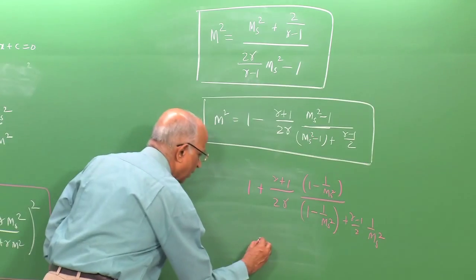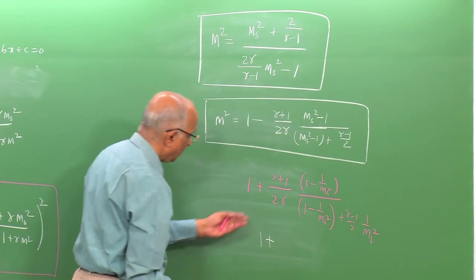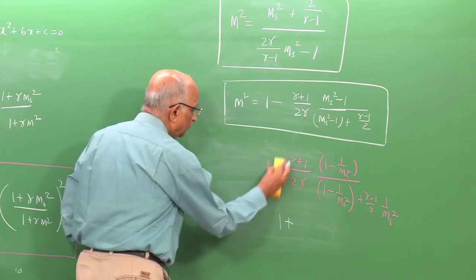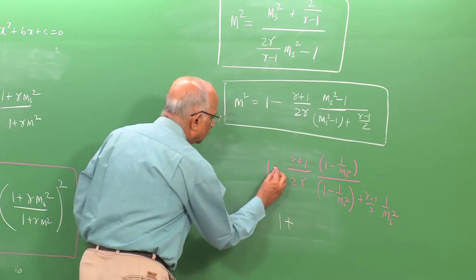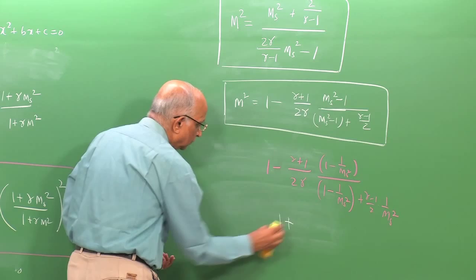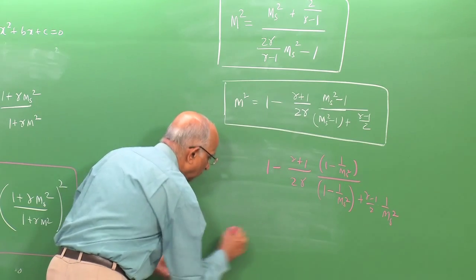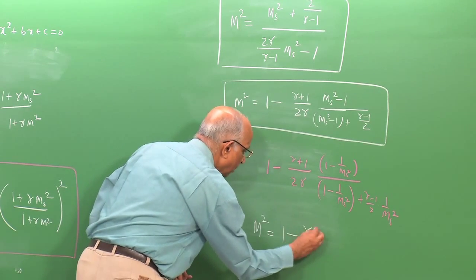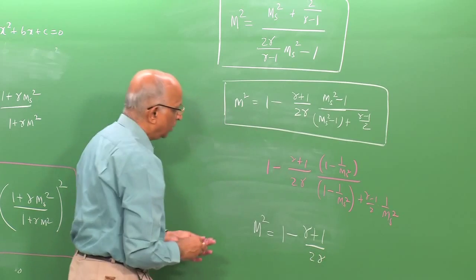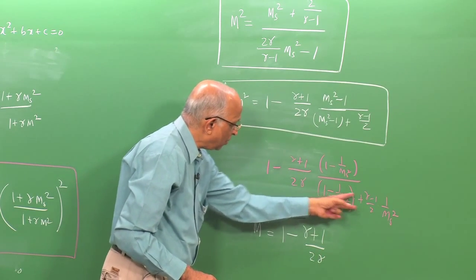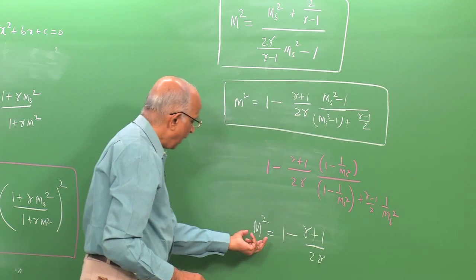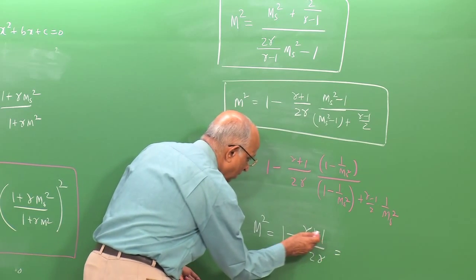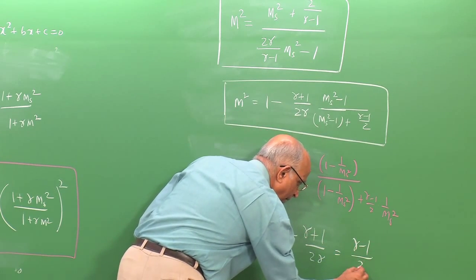I get the value of M square is equal to 1 minus gamma plus 1 divided by 2 gamma, mind you, this is minus over here, because this becomes 0, this becomes 0, this becomes 0. 1 minus gamma, and this becomes 2 gamma minus gamma, that is gamma minus 1 divided by 2 gamma.